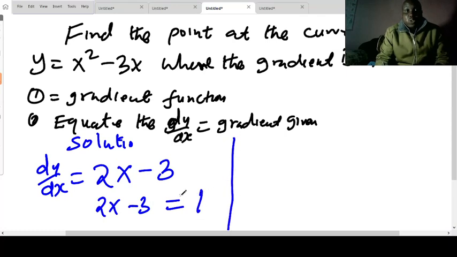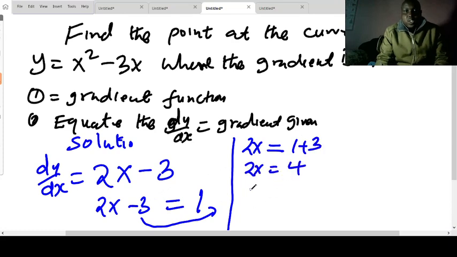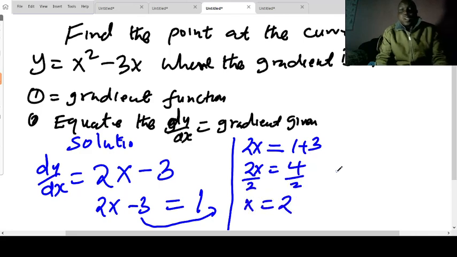We want to find the value of x. So 2x is equal to, taking this to the other side, 1 plus 3. So 2x is equal to 4. We divide by 2, and the value of x is equal to 2. So now we have the value of x.